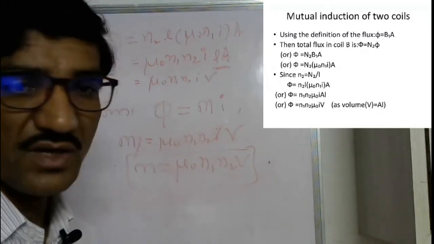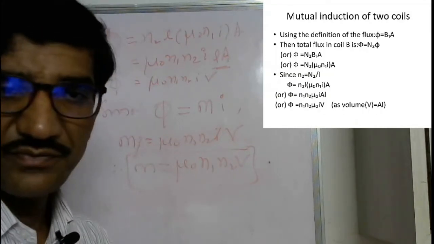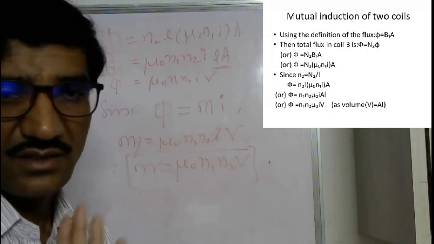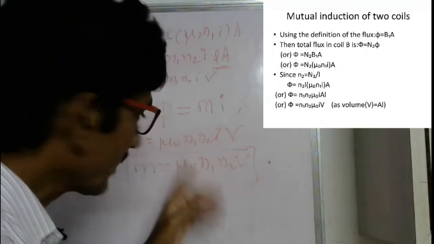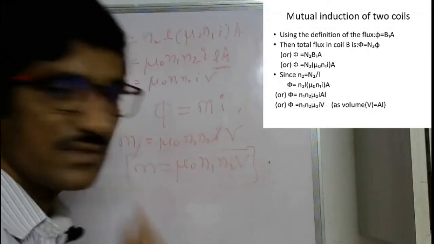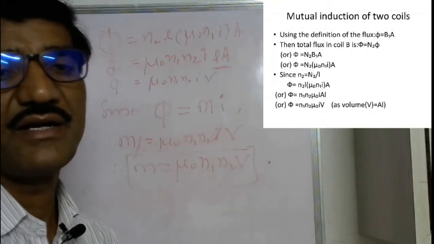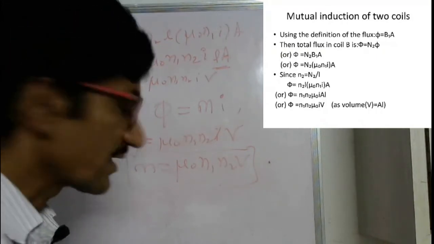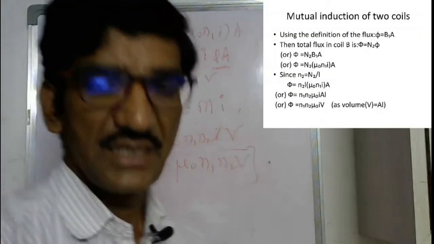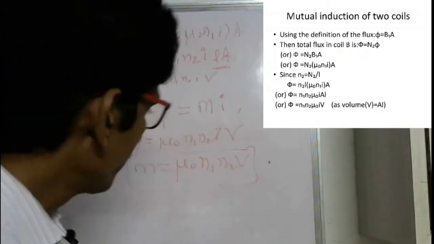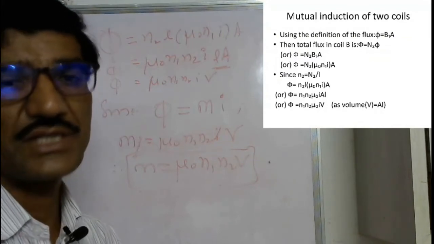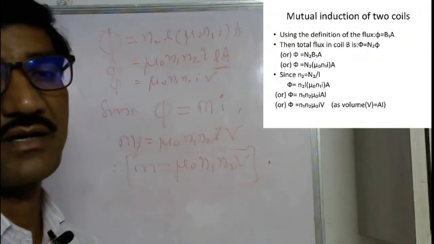See, it depends on N1, it depends on N2, it depends on the volume of each coil. So this M is independent of I, as in the case of L, that means ordinary induction, self-induction. This is confirming that the mutual induction between any two coils does not depend on current.